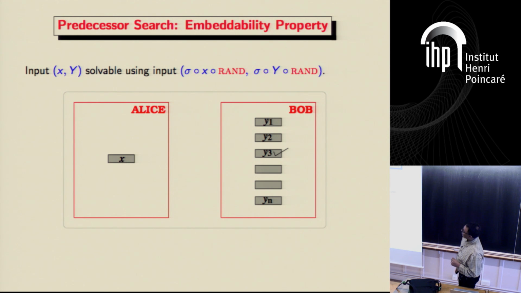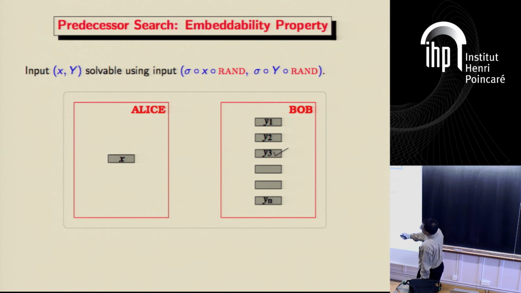Okay, so now the question is, why do we have this shrinking behavior? We certainly don't have it always, but we can prove the shrinking behavior when our problem has a certain embeddability property. So let me just try and explain with pictures what this embeddability property is. Remember how in the Echo and Index instance we were embedding an instance of Echo into some position of the Index problem. So this is something analogous to that.